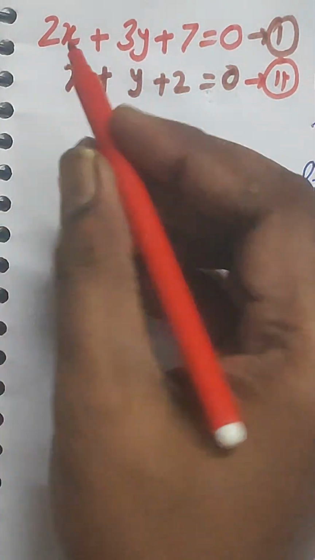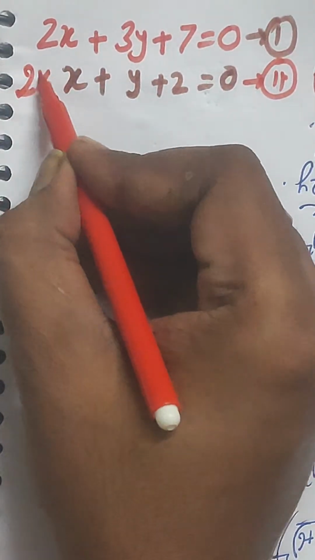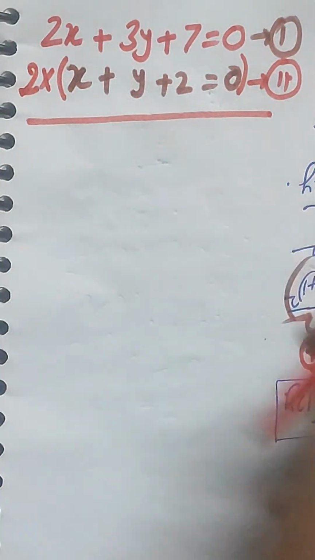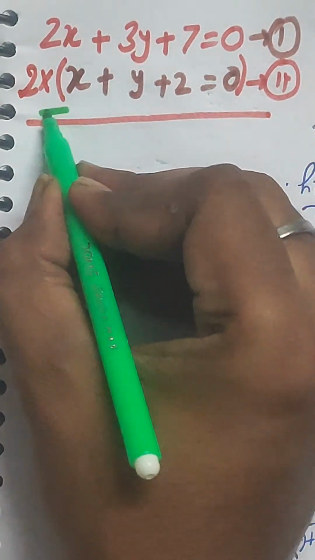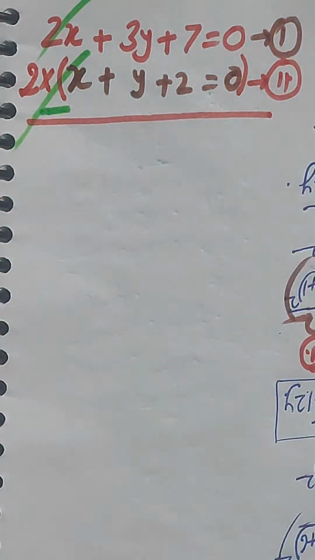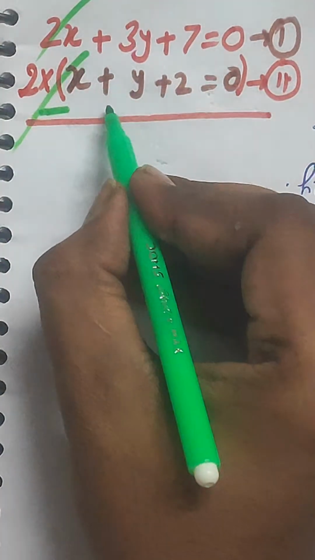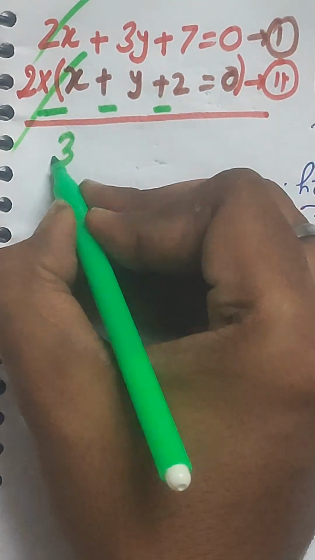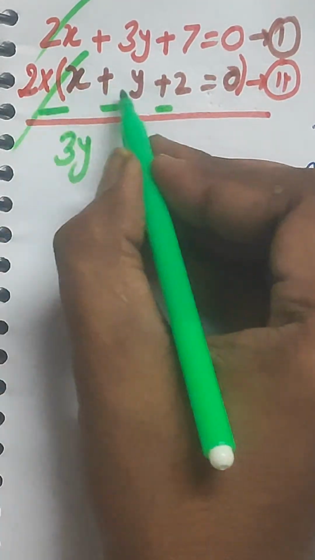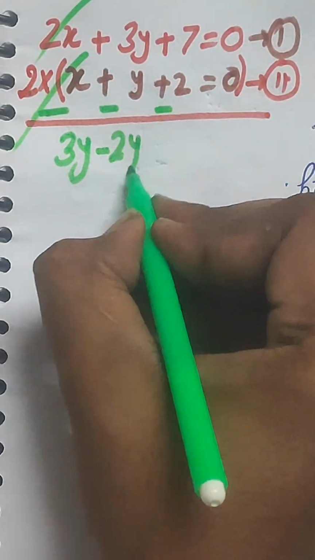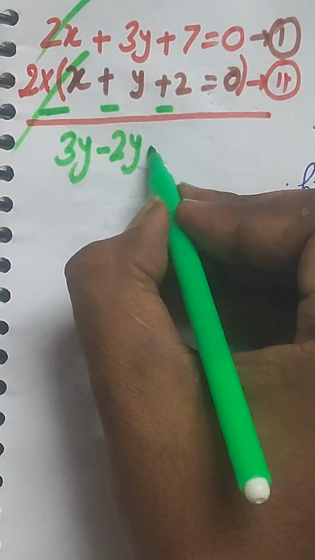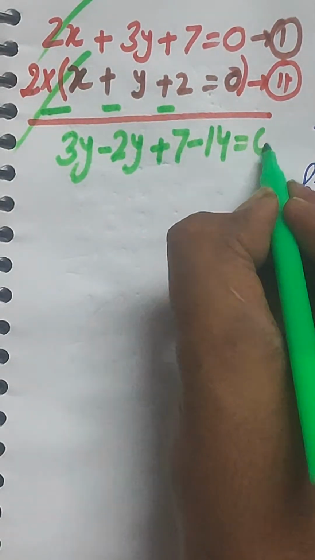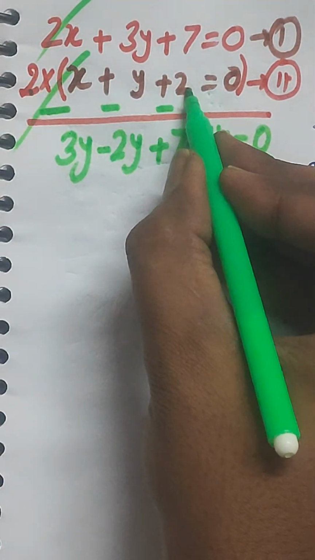Now simply multiply the second equation with 2 and subtract it. What you will see, this 2x and this 2x will be cancelled out, right? And plus changes to minus. So we are having 3y minus 2y, plus 7 minus 14 is equal to 0, because 2 will be multiplying with this 2.